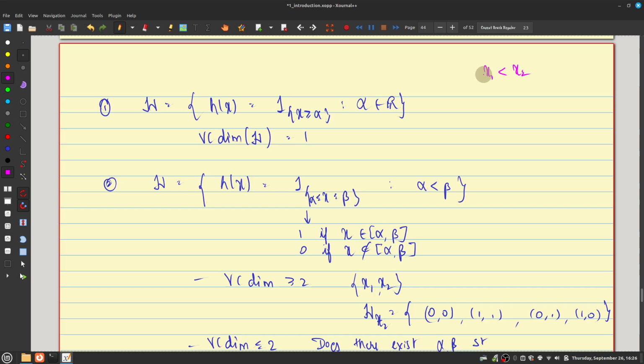If I choose my alpha less than x1, it will be 1, 1. If alpha is between x1 and x2, I get 0, 1. You won't get 1, 0. You can generate everything else except 1, 0 in this case. That's why the VC dimension happens to be equal to 1, because no matter how you choose x1 and x2, you can never get 1, 0, assuming of course that x1 is less than x2.